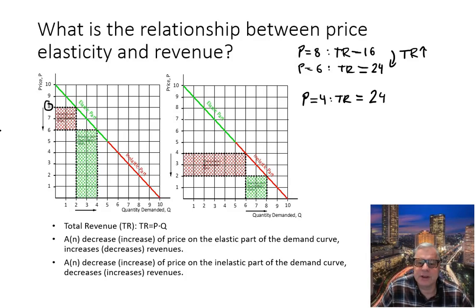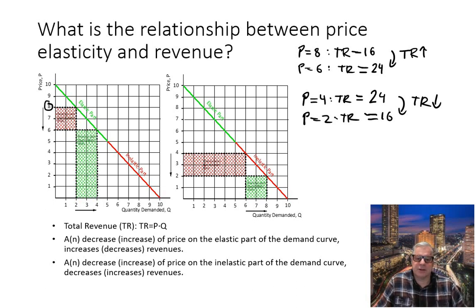Now we lower the price to 2, and total revenue is 2 times 8, which is 16. So now total revenue goes down. That's important to know, and it can also be illustrated.